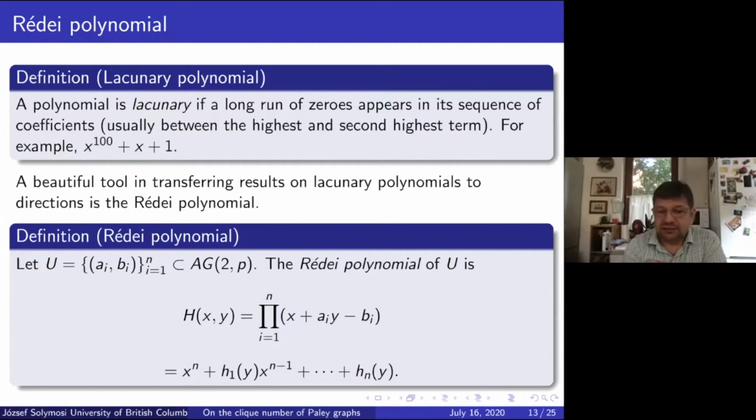This is x to the n, so we consider the y parts as coefficients. So x to the n plus h1 of y times x to the n minus 1, and so on. So you see in h1, the degree of that polynomial is 1, and in general in hj of y, times x to the n minus j, the degree is j.